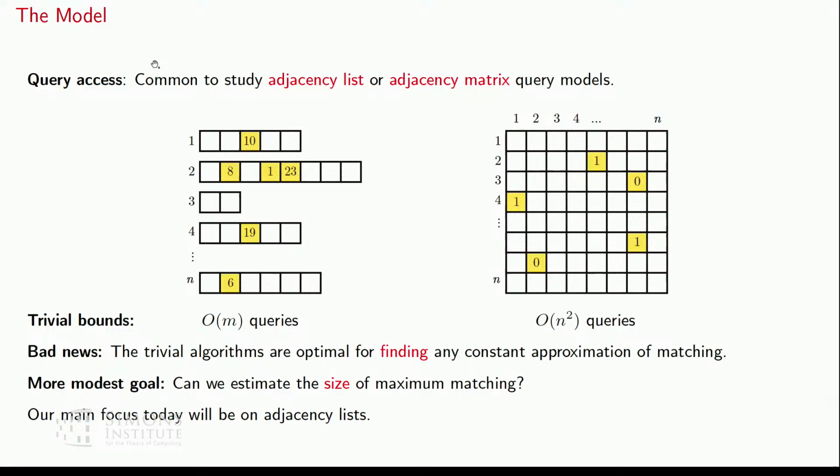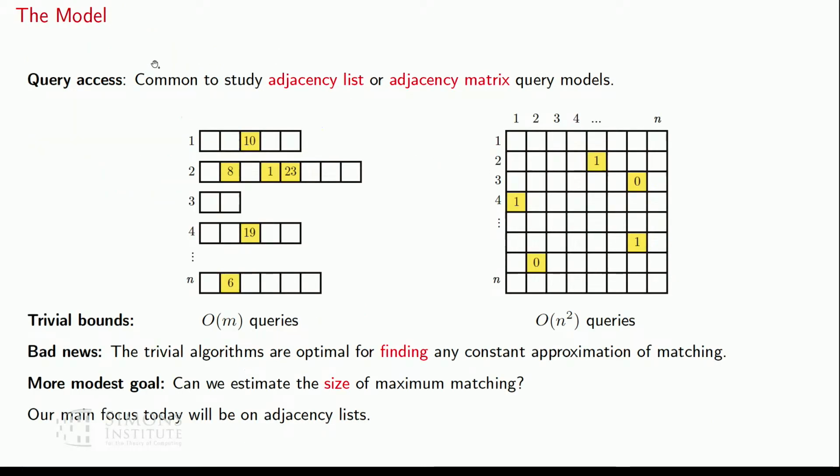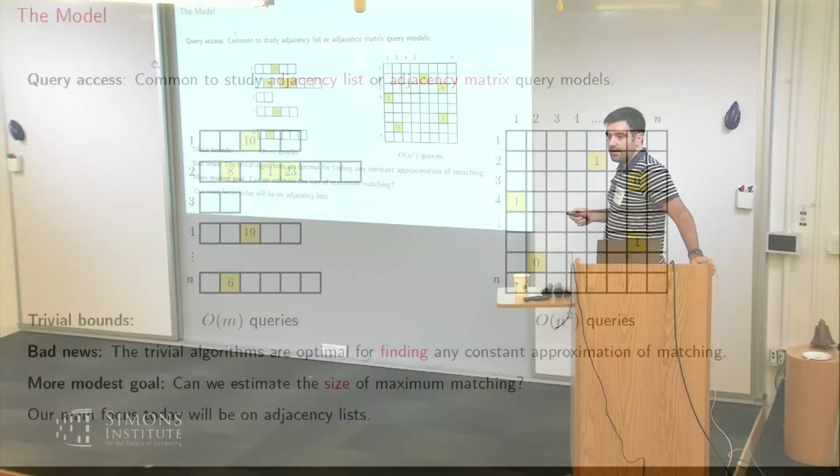And today, I'll specifically focus on adjacency lists. This is the setting we will prove the lower bounds in. In other words, we will say that any algorithm, for example, providing an alpha approximation, has to query this amount of entries of the adjacency lists. Okay. Any questions about the model? All right. Okay.